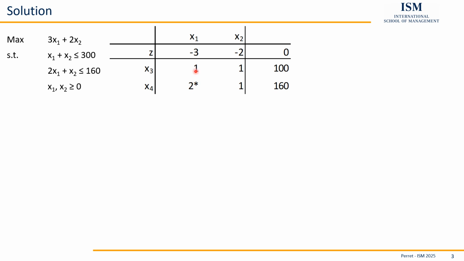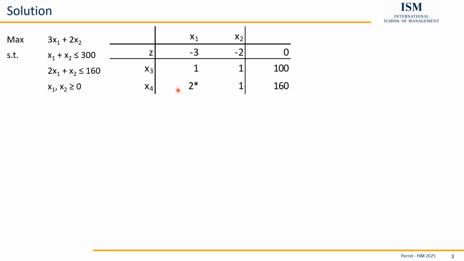So then I'm going to divide the right-hand value by this value here. So here I get 100 divided by 1 is 100. 160 divided by 2 is 80. So this is the smaller one. 80 is smaller than 100. So the x4 row will be my pivot row.